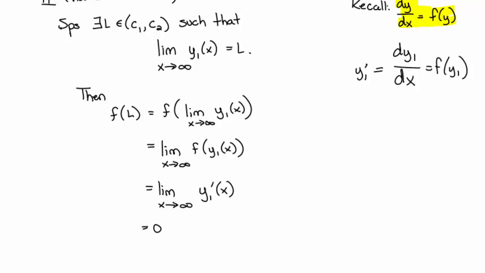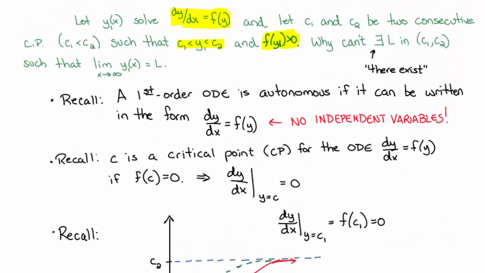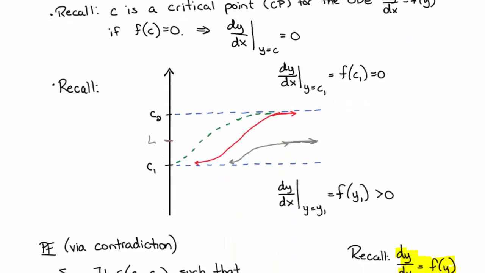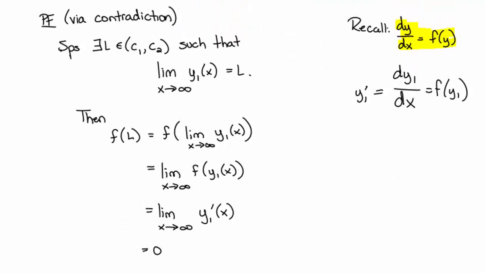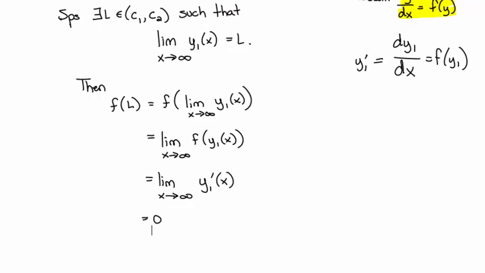In fact, that was the modification we made up here, that f of y sub 1 is positive. Remember, f of y sub 1 is dy sub 1 dx. In other words, it's the slope of our solution y sub 1, and we're saying it's positive, so that function's always increasing, and yet it's approaching a value, so it's increasing at a lower and lower rate, and its rate of increase will tend to 0 as time goes on.